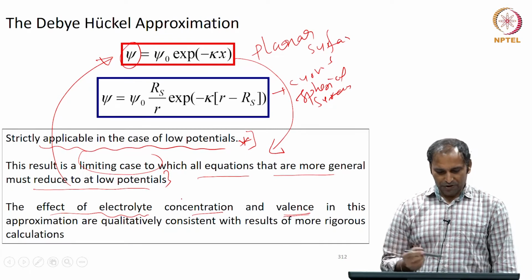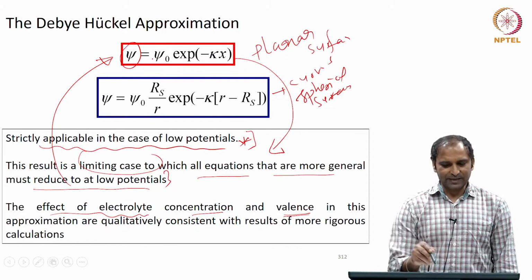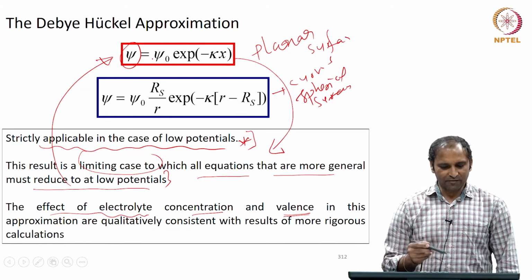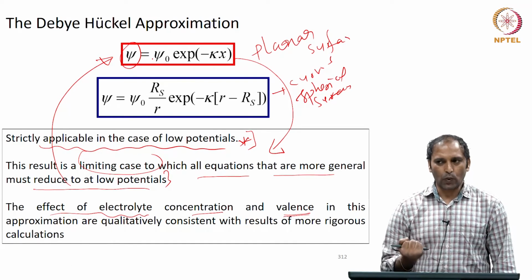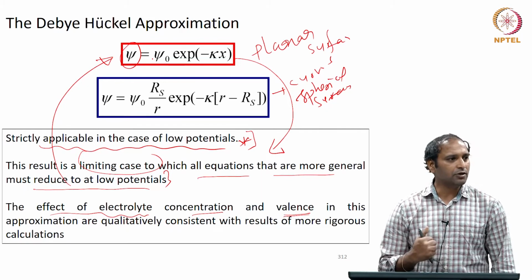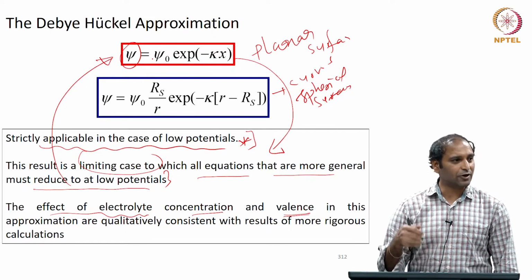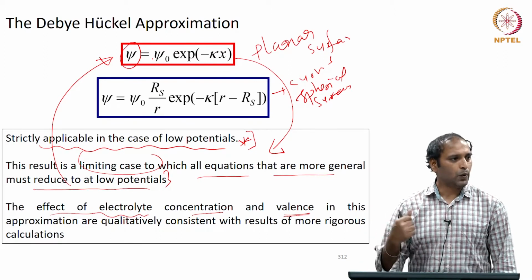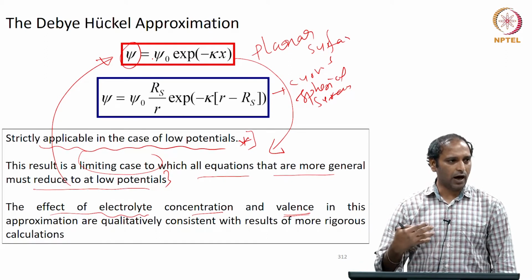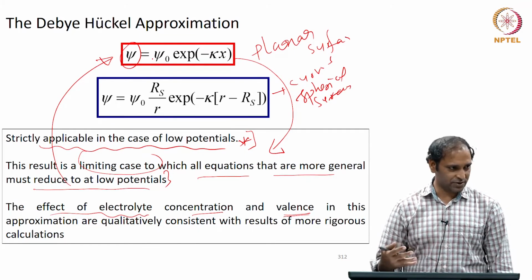They capture the fact that psi varies in a particular way when the concentration of electrolyte in the solution changes, or when the valency of ions in the solution changes.